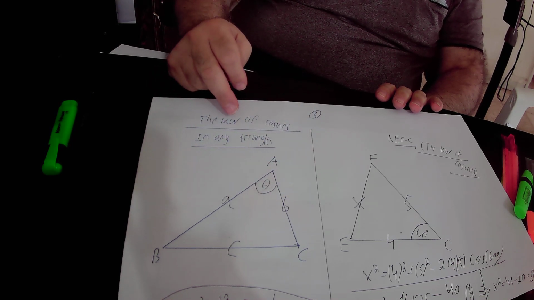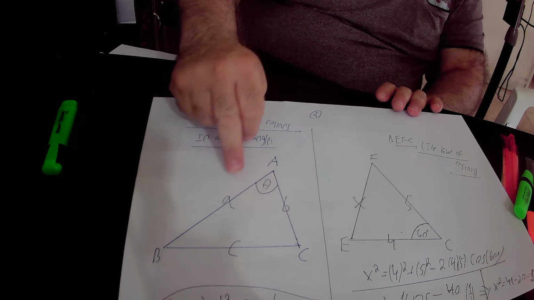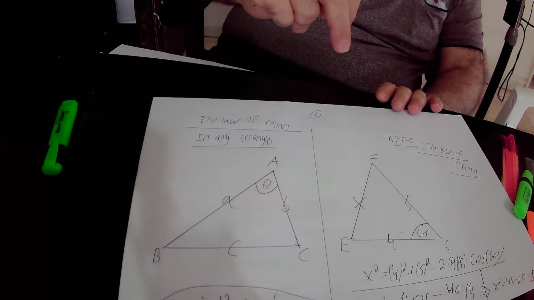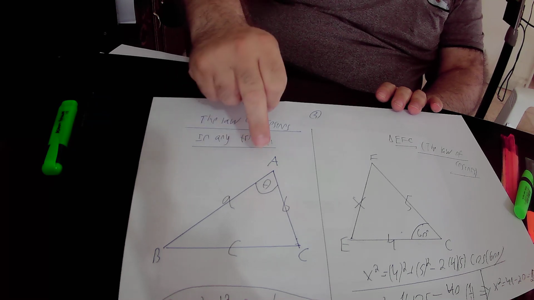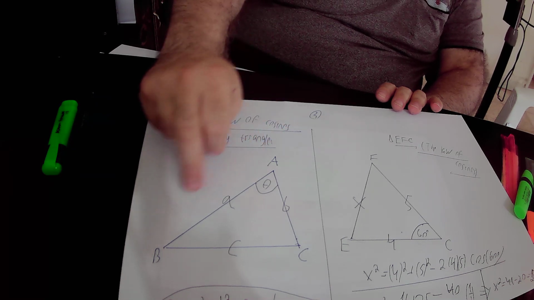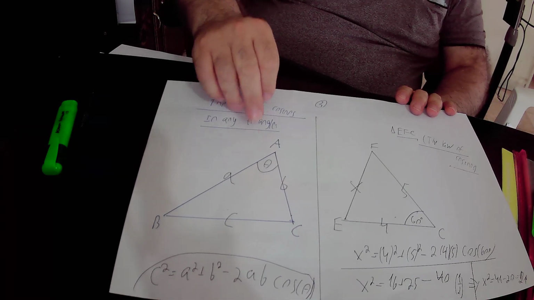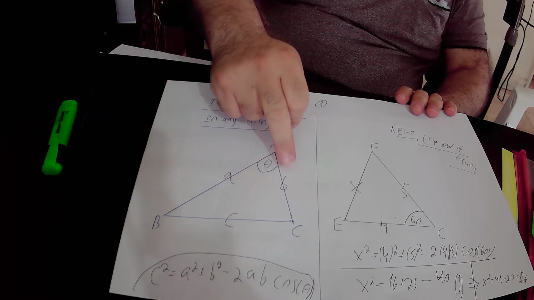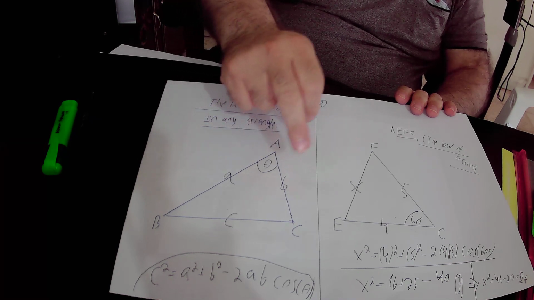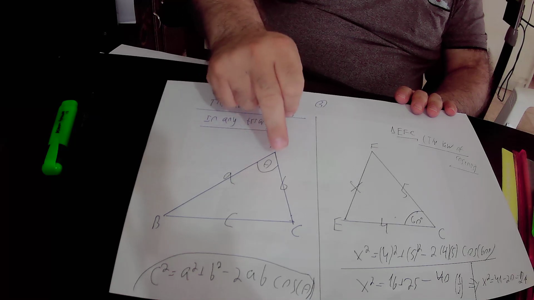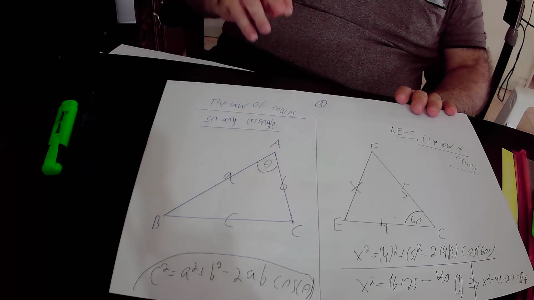We know that in triangle ABC, side AB equals a units in length, side AC equals b units, and side BC equals c units, and the angle between side AB and side AC is theta. Then, according to the law of cosines, c squared equals a squared plus b squared minus 2 times a times b times cosine theta.